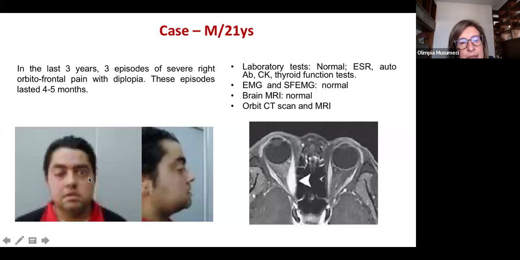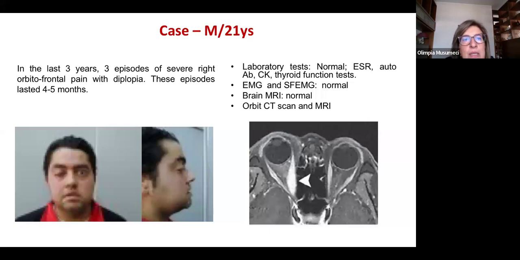This is not really visible, but you can see that this is a unilateral ptosis with some limitation in the eye movement. Laboratory tests didn't show any alteration, but the orbit CT scan and the MRI show hyperintensity in the muscle with an increase of volume, suggesting an inflammatory condition.